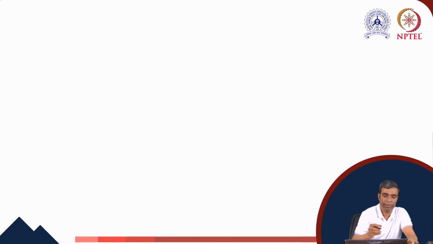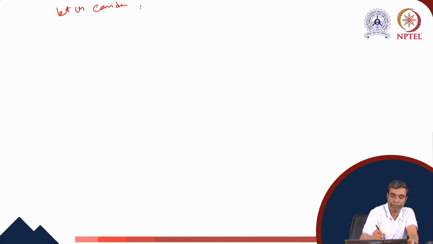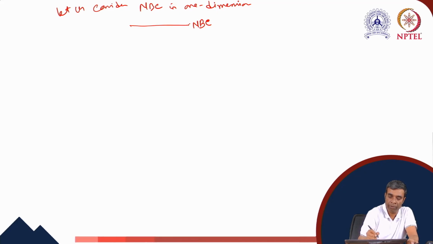Let us consider NBC in one dimension. So this is the NBC end of a rod. Here x equals 1. This is the x axis. This is x equals 0. So here Q0R is specified.